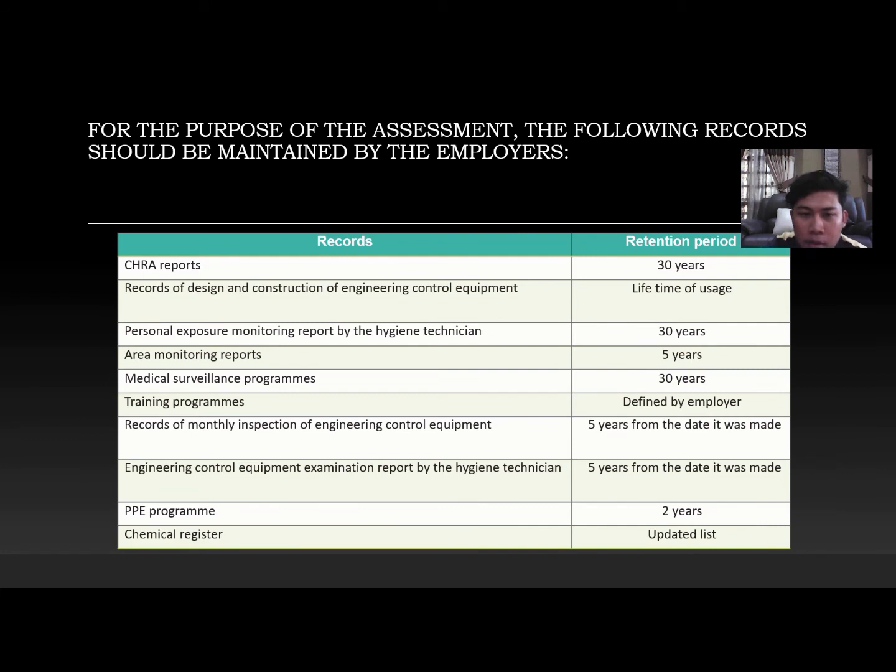For the purpose of the assessment, the following records should be maintained by the employers. So the records, for example, are CHRA reports, and records of design and construction of engineering control equipment. On the left-hand side is the retention period, which means the period they must keep the records.